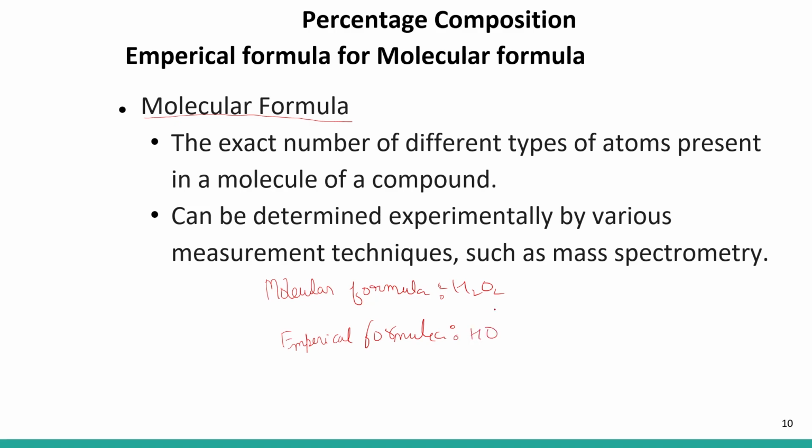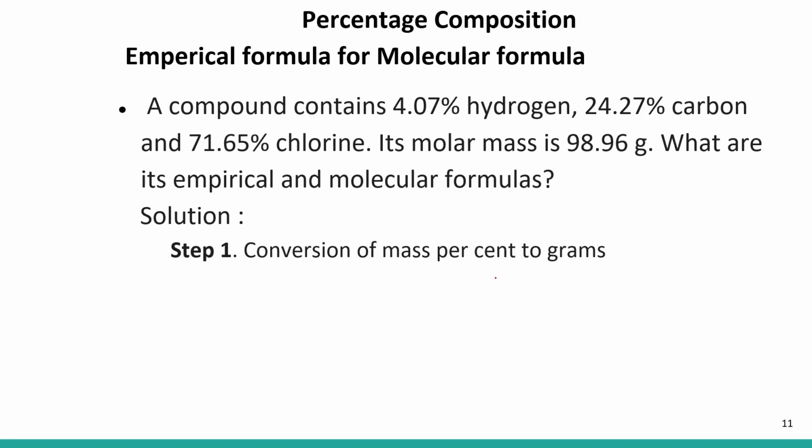Okay, so this is the difference between the molecular formula and the empirical formula, and it can be measured experimentally using scientific techniques such as mass spectrometry. I have mentioned this earlier also. So it is used to measure the mass of atoms or molecules with greater accuracy.